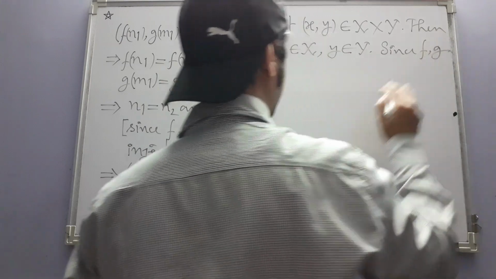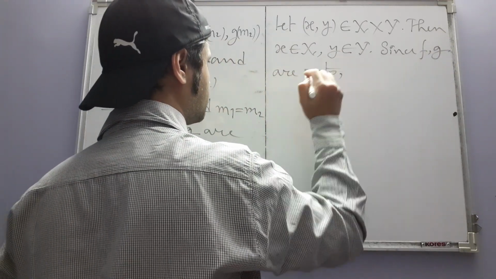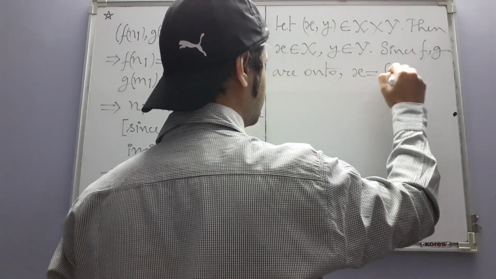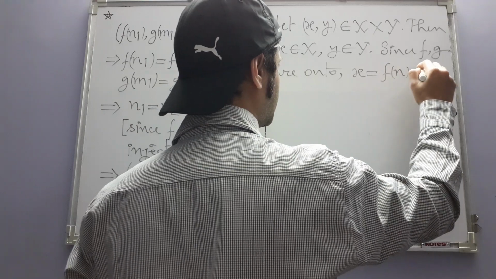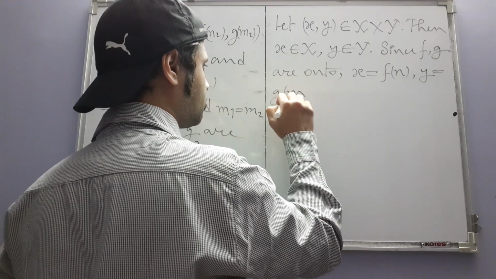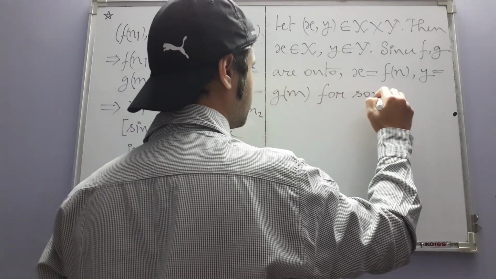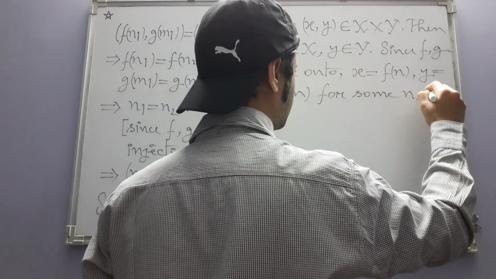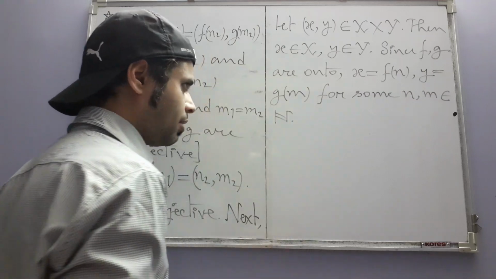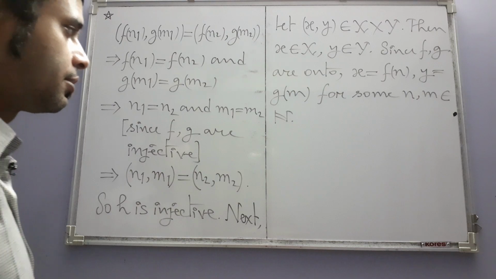Since f and g are onto, that means surjective, x is equal to f of n and y is equal to g of m for some natural numbers n and m. But then what?